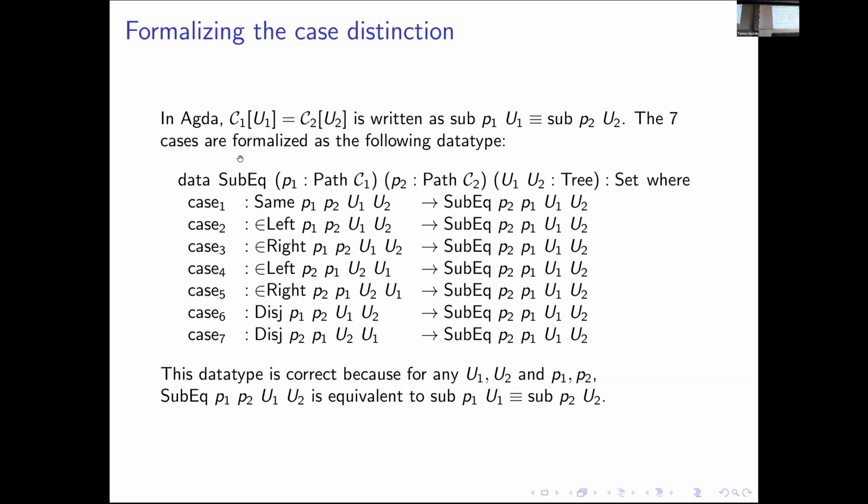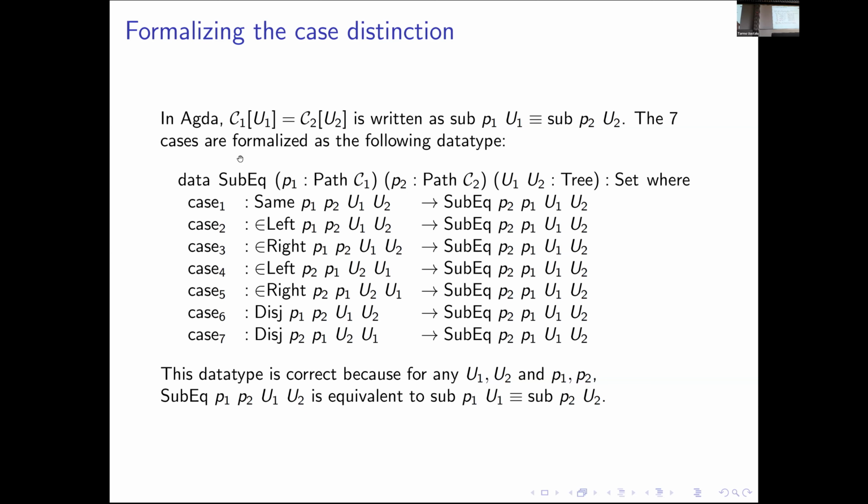The seven cases are formalized here. Case 1 is where U1 is equal to U2, cases 2 to 5 are where one contains another, and cases 6 and 7 are these other cases.